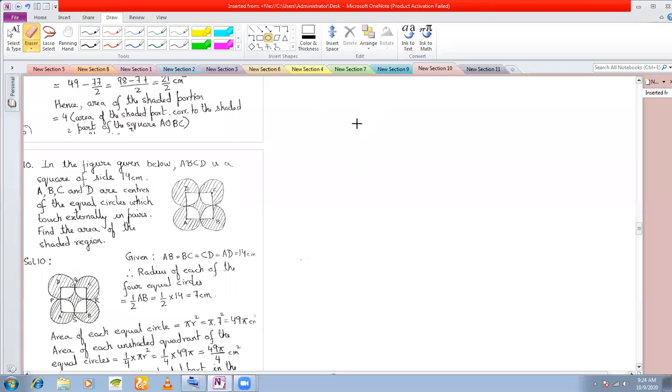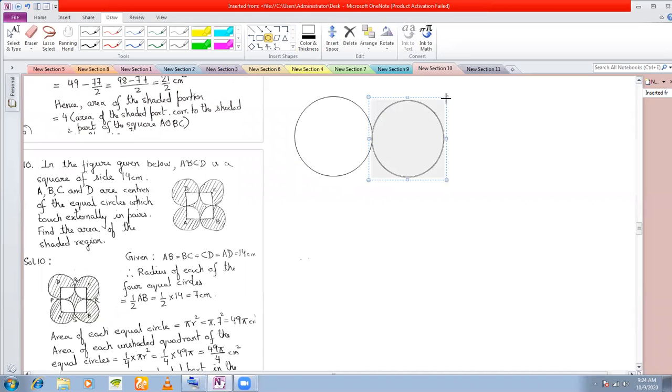Sir, this is easy. I understood what to do. So how easy is it? Tell me. Sir, first we will find the area of all the 4 quadrants, and then we will find the area of the square, and then we will minus.